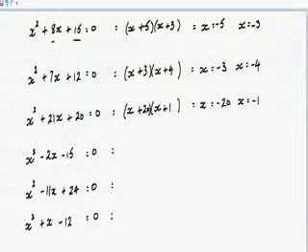Now here we've got some with negatives in. Trust me, they're just as simple, because I invented a way of doing this so that it makes it nice and easy. So we take two brackets, we put x in both because that will give us x squared. Now forget the signs, the minuses, for the moment. So what times what will give me 15, that if I add or subtract will give me 2?